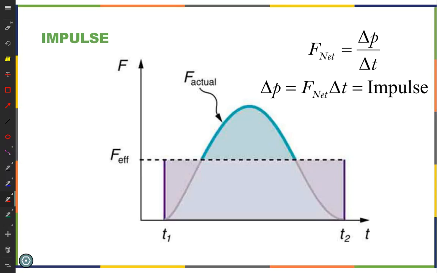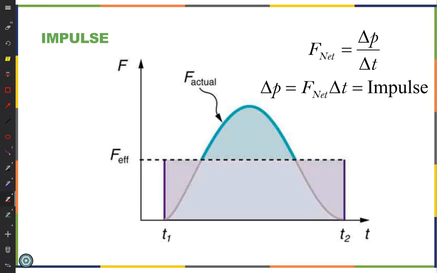Now, you probably noted I dropped off the vector signs here because I'm working in one dimension. This is really three-dimensional, right? It's a vector property, the change in momentum and the force. But this brings up an important idea. To me, the word is not important. It's the idea that's important.